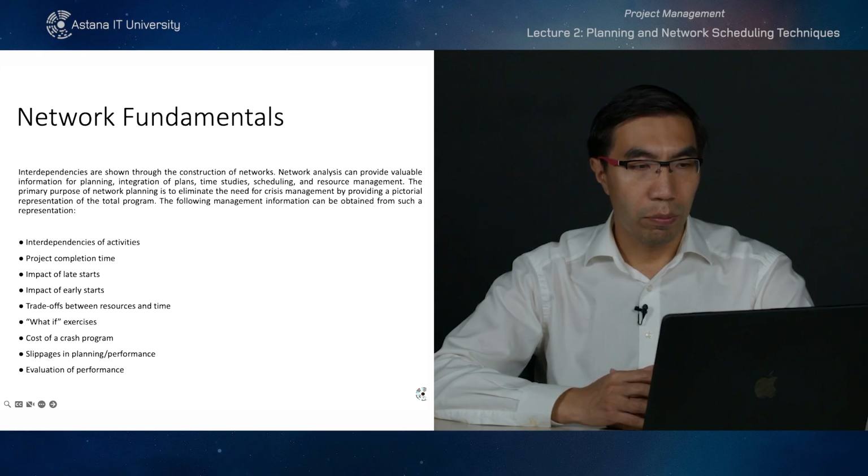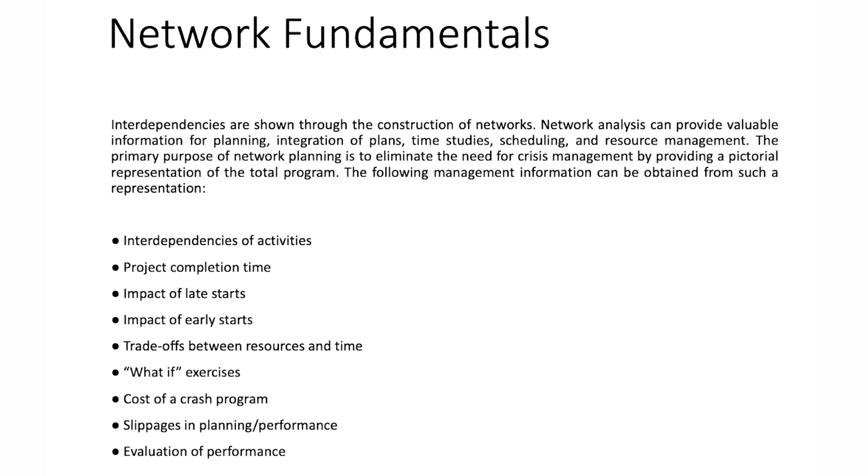By looking at the schedule, you can obtain this kind of information: interdependencies of activities, project completion time, impact of late starts and early starts, trade-offs between resources and time, what-if exercises, cost of a crash program, slippages in planning performance, and evaluation of performance.